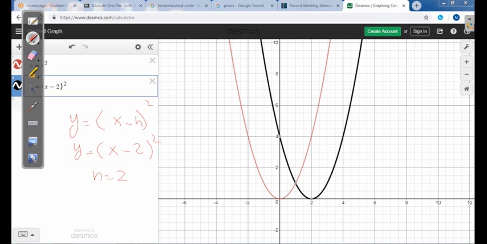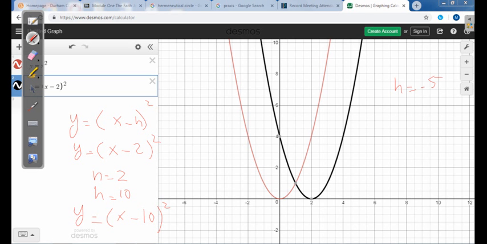So if I say h is 10, then the formula would be y equals (x minus 10) squared. It's going to look like a minus to you, but actually it moved 10 to the right because h is a positive value. Now what if h was negative? Let's say h is negative 5, what would your formula be?